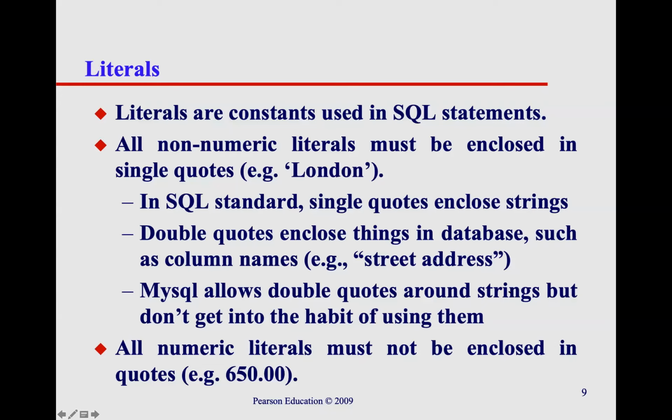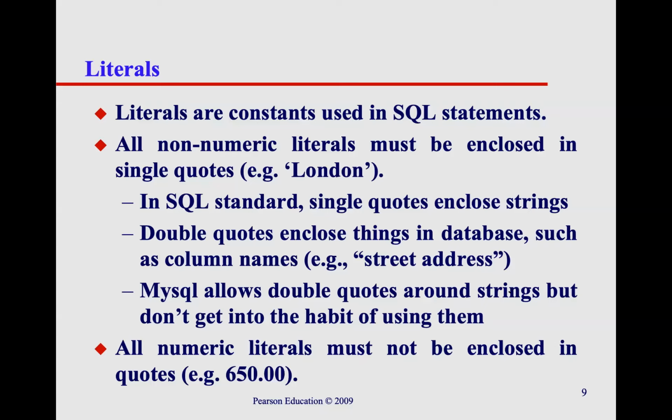So you're actually allowed to have spaces in things like your attribute names or your relation names. When you refer to things in the database, like relation names or column names that have spaces, you would put double quotes around them. But when you're just dealing with character data that is stored in the database, that's single quotes.